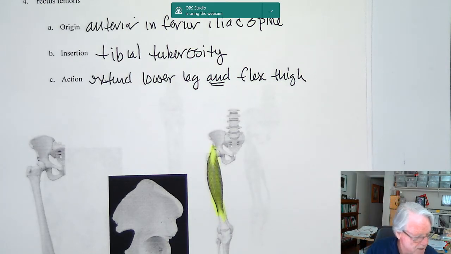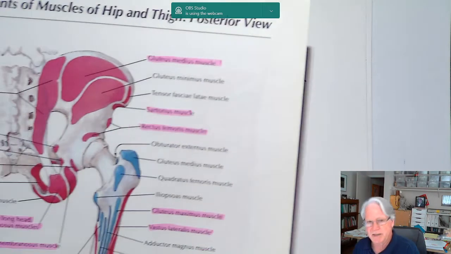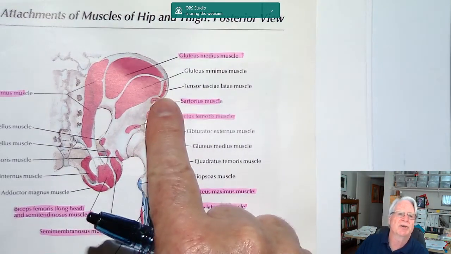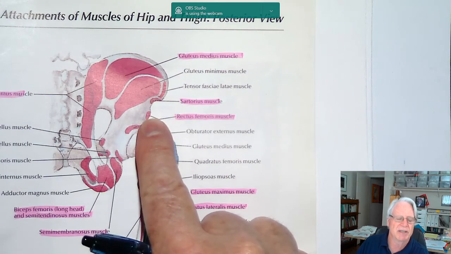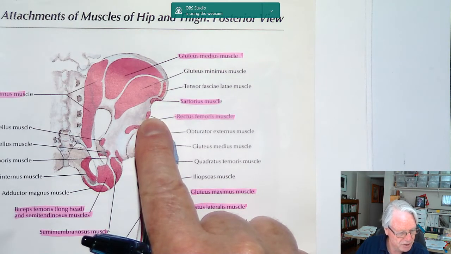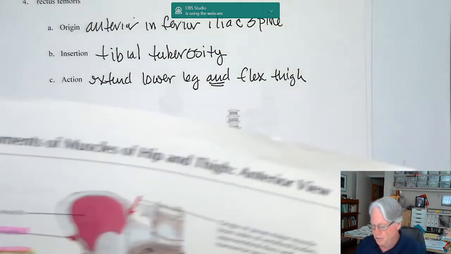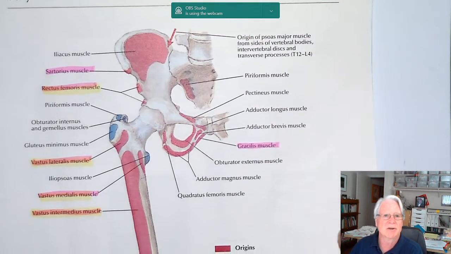So let's go ahead and find my origin. So the rectus femoris. Okay, so this is the superior iliac spine. This is the inferior iliac spine, or anterior iliac spine. Let's look at it in a different view. That's the posterior view. This is a better view, the anterior view.